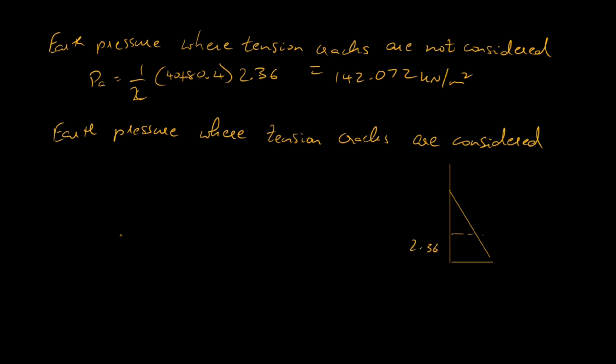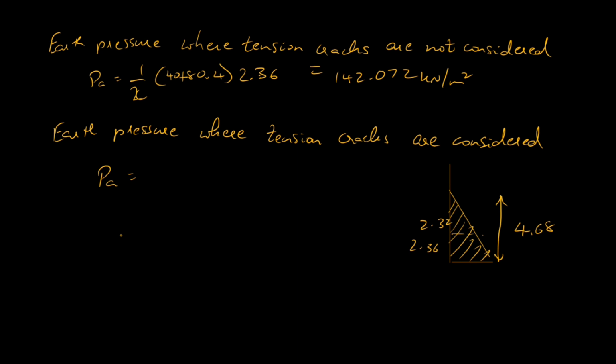So till here it is 2.36 and this one 2.32, where the height will be given by 4.68. This height will be 4.68. Okay. So we have to calculate the value of earth pressure for this zone.